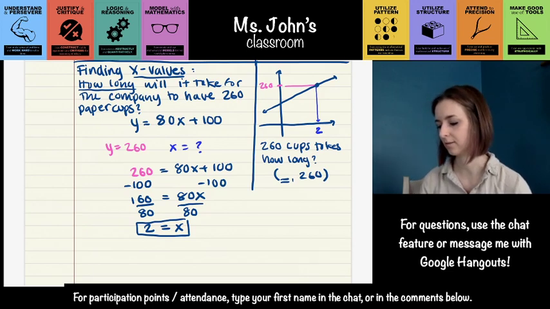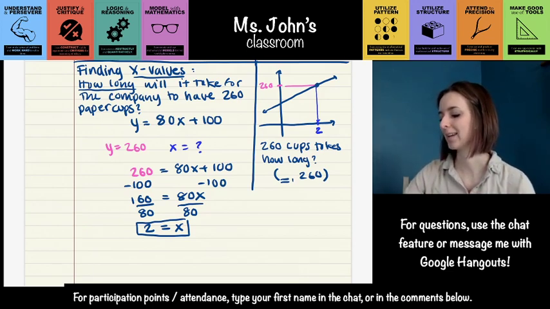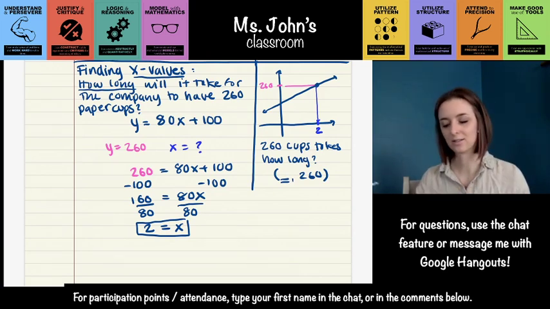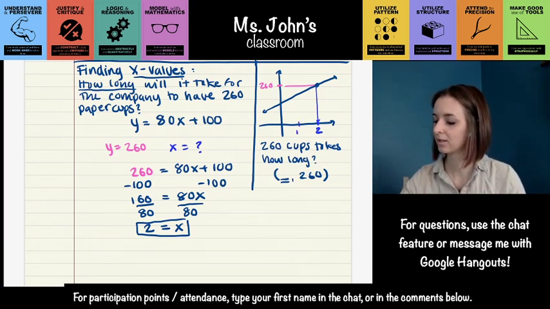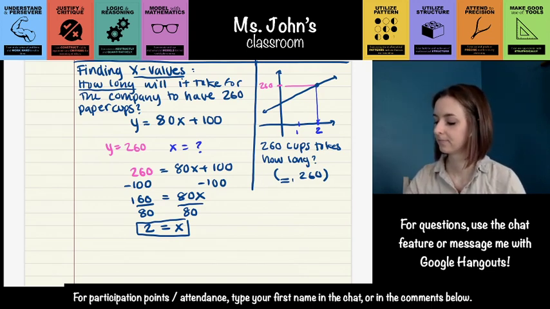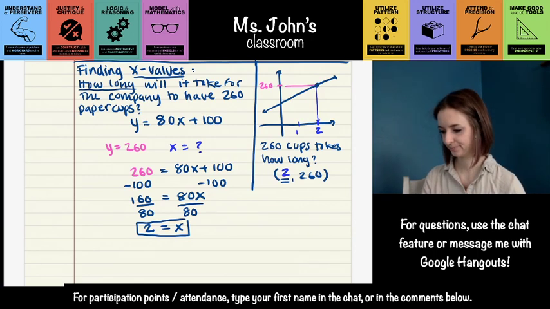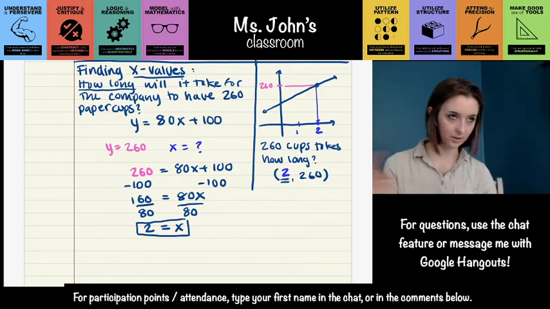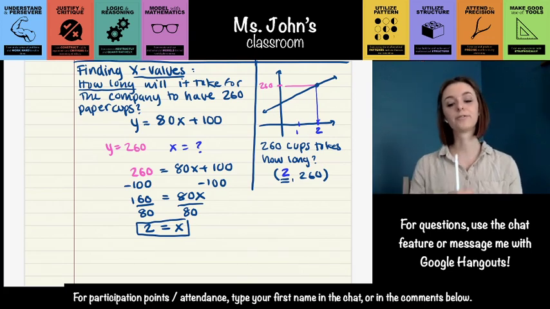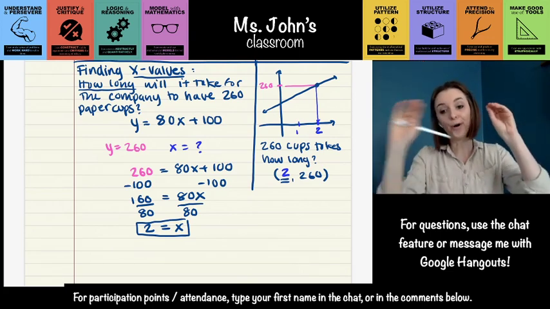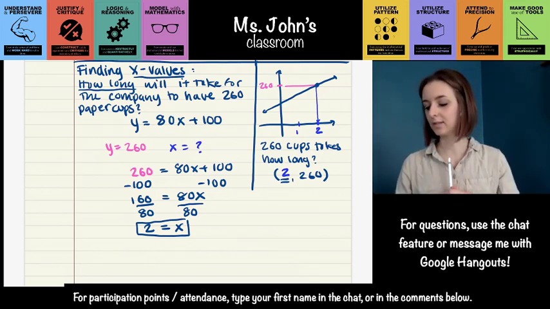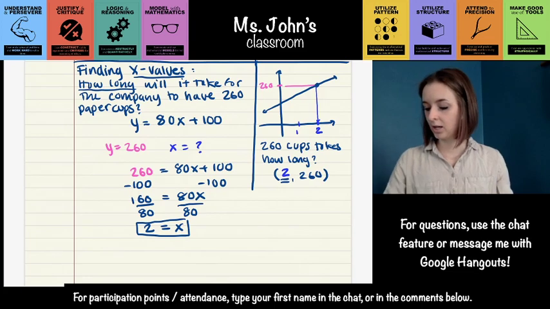My graph is really bad, but that's okay. The x-axis is just very stretched. There you go. So instead of going along the x-axis, finding that value and following that up to the graph, you're going to find the y value and follow it over to the graph and then find what x value gave you that y value.